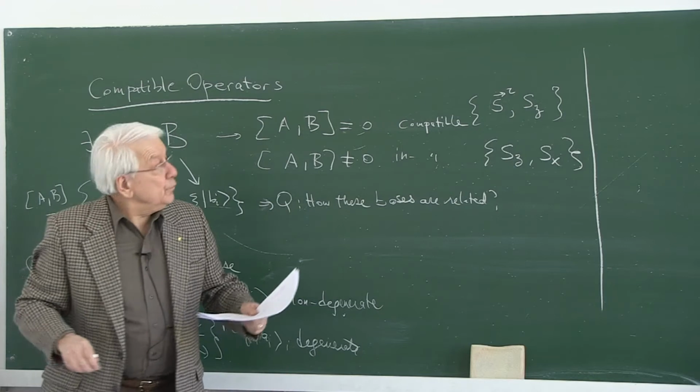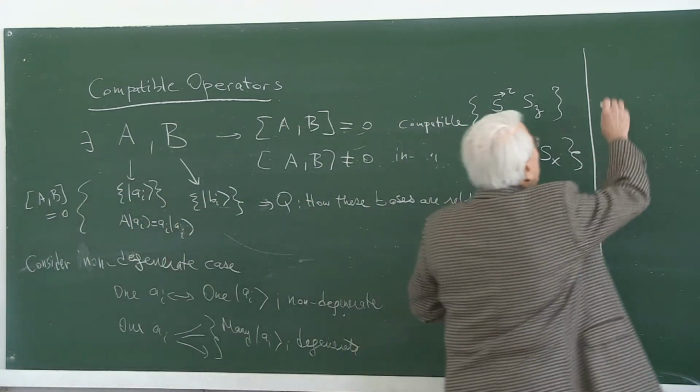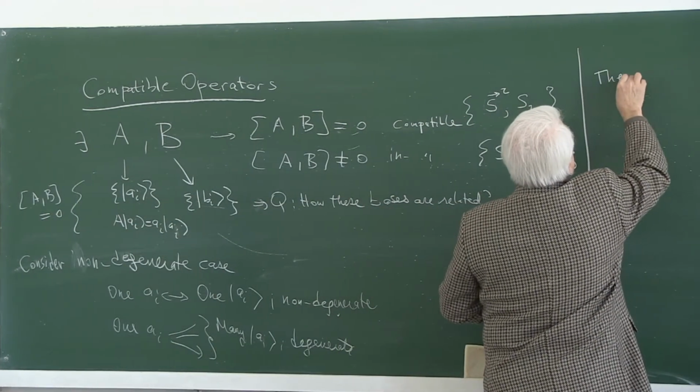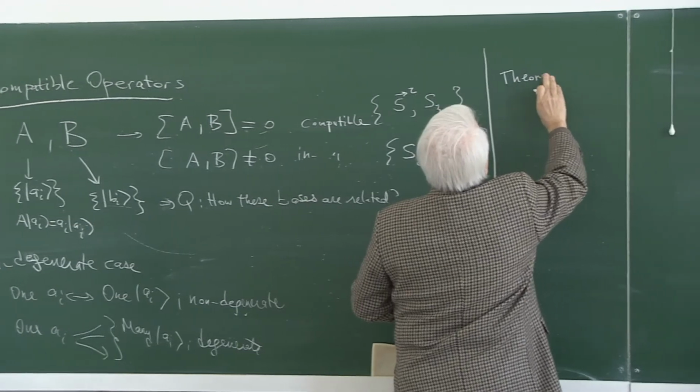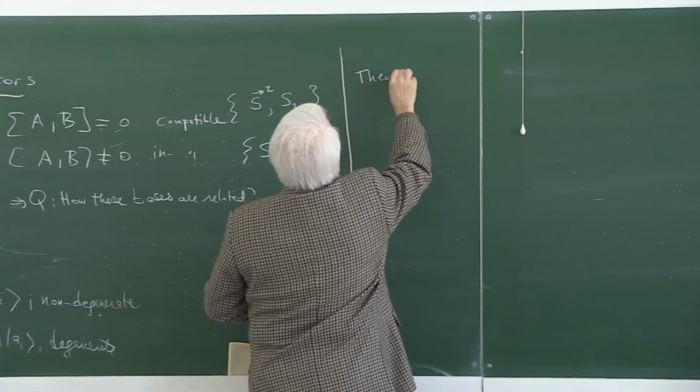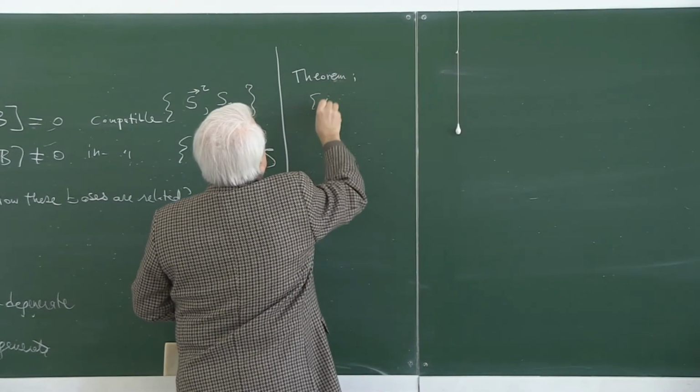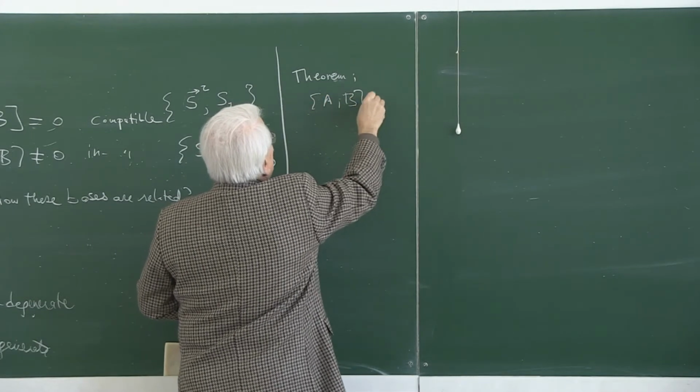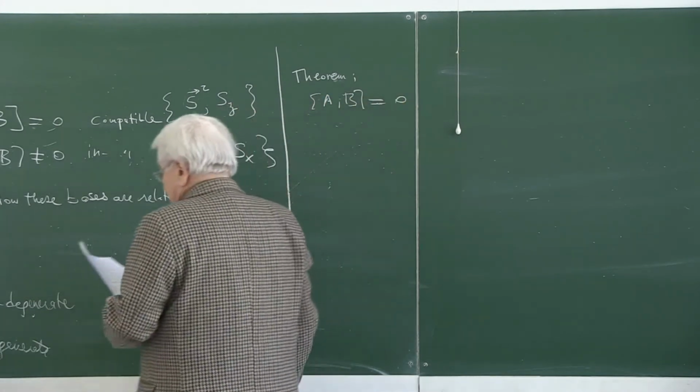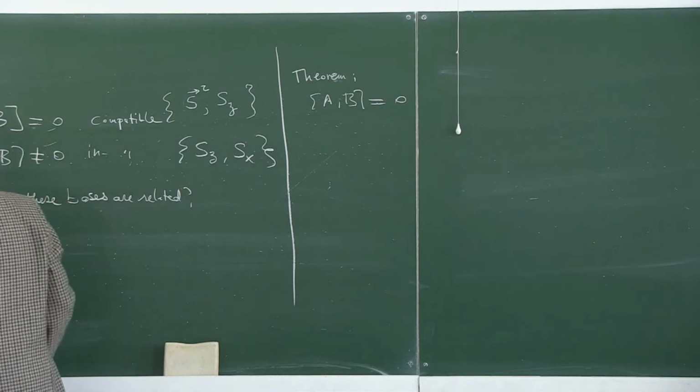Now we will prove a theorem for this non-degenerate case. That is, we start with two operators which commute among themselves.